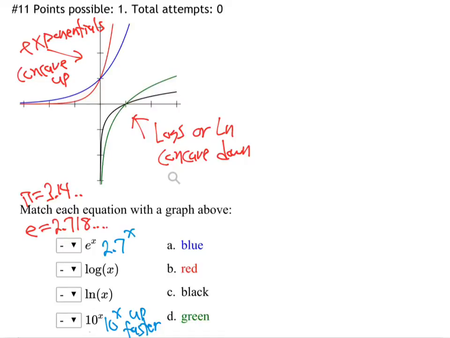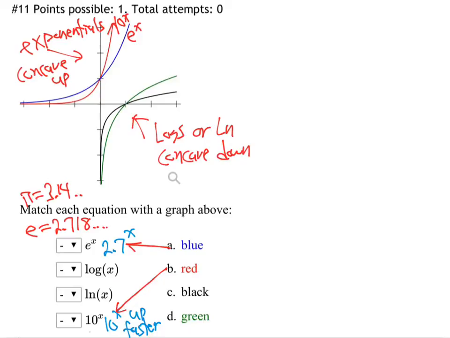So which one's going up the fastest among these graphs? This red one. This is 10 to the x. And this one must be e to the x because he doesn't go up quite as fast. Right? So the red one is 10 to the x. The blue one is e to the x because e is only 2.7 about.